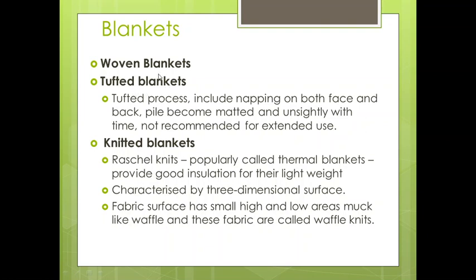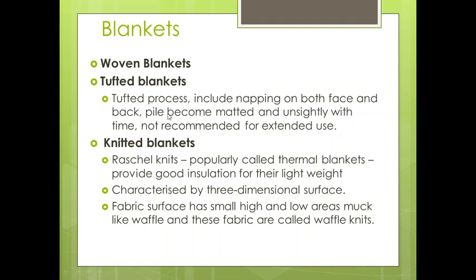However, other technology to reduce the cost is also in practice. For example, the tufted blanket is made through the tufted process, which also includes napping, meaning brushing on both face and back.